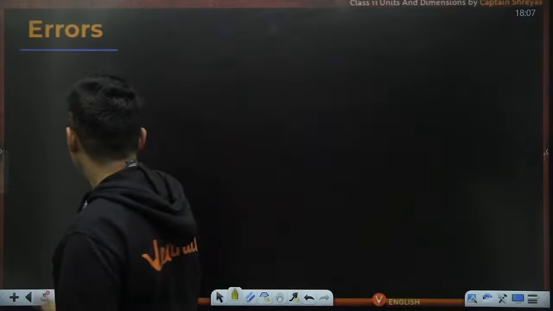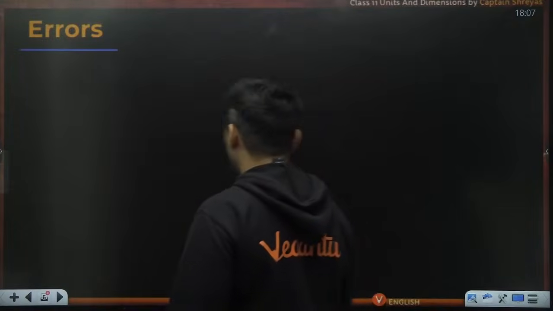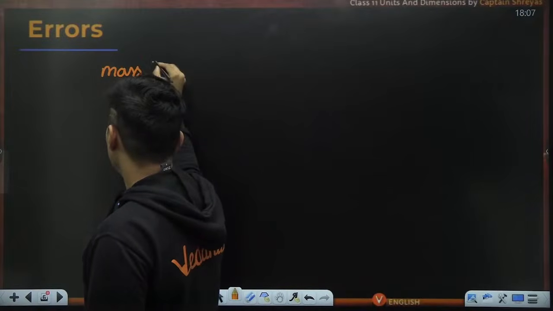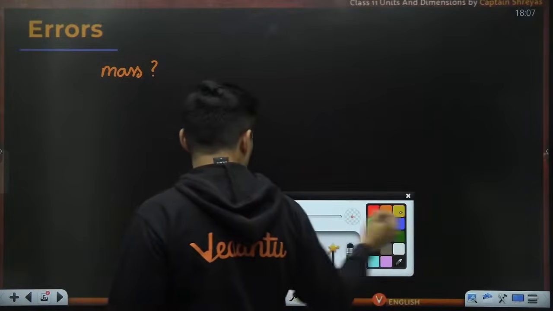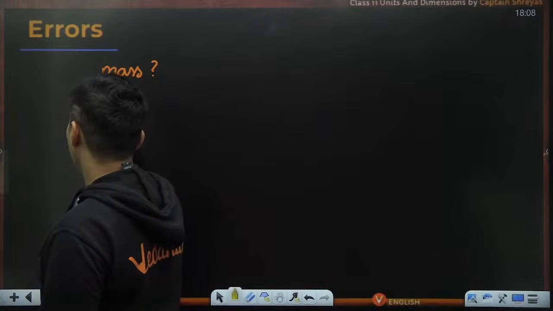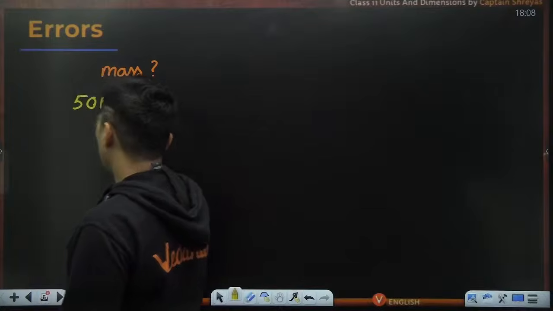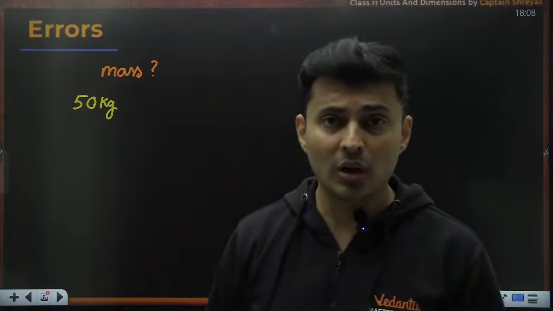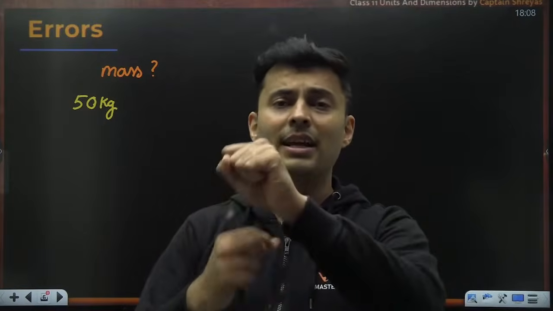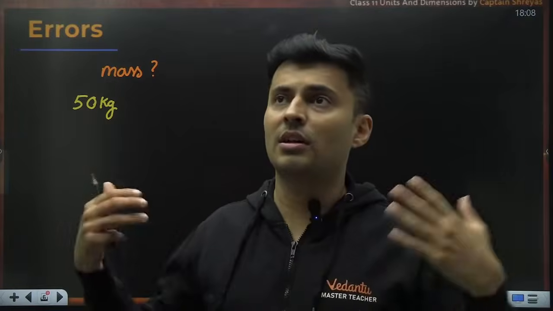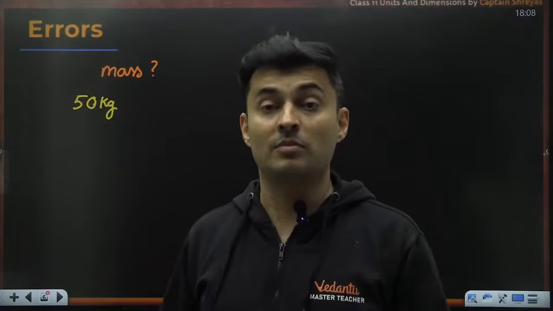Say for example, if I ask you, what is your mass? And you reply, sir, my mass is 50 kg. It can't be exactly 50 kg because the measuring device you used might have caused some problem. Also, maybe that day you were wearing heavy clothing.